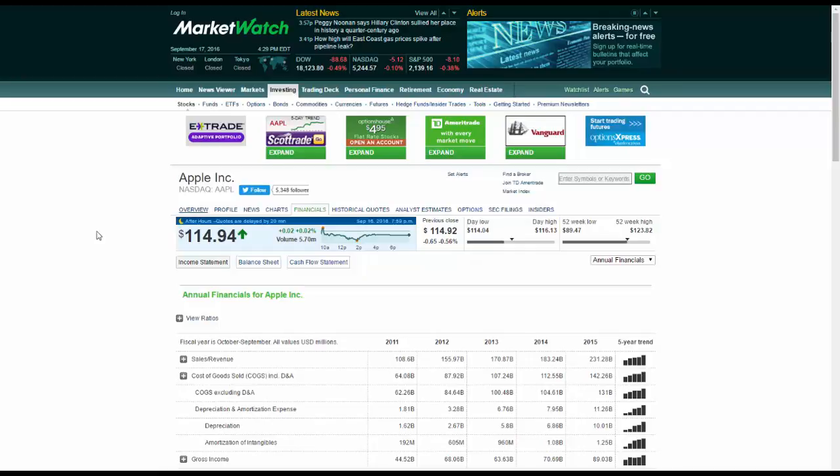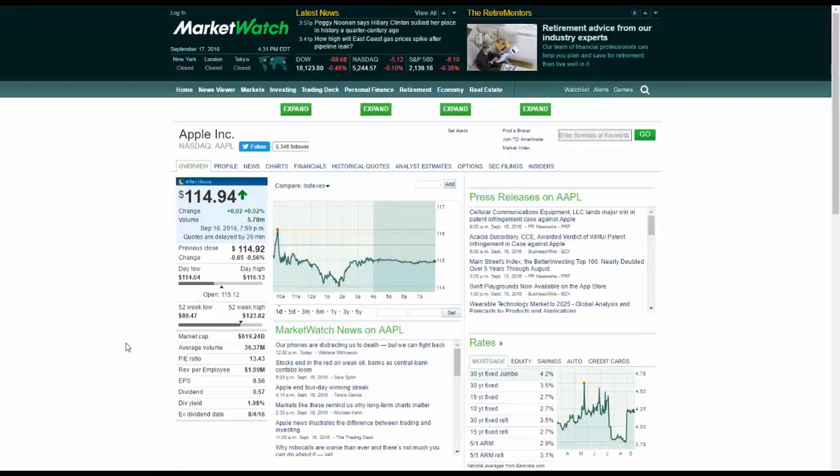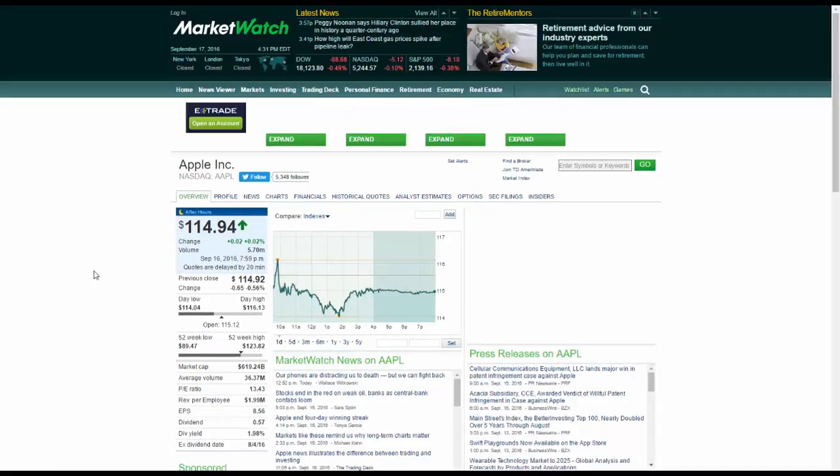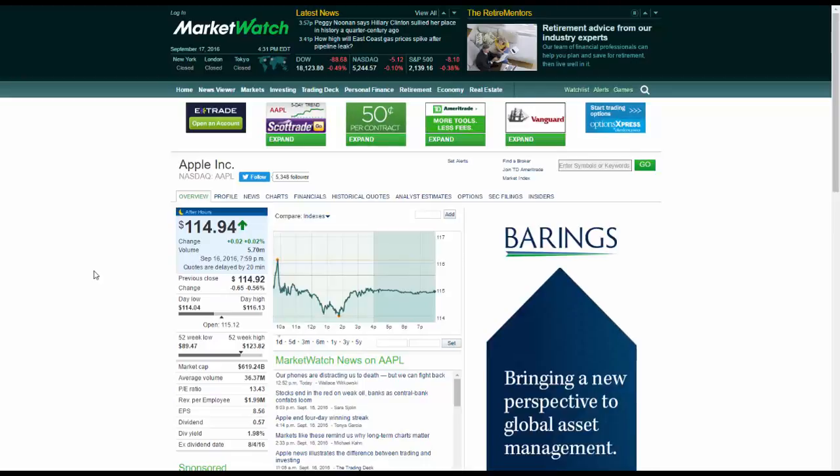I'm just going to go to the main page of Apple here. It doesn't talk about dollar cost averaging, but dollar cost averaging is the idea of putting a specific amount of money into an investment at the same time over a period of time. For example, every month.